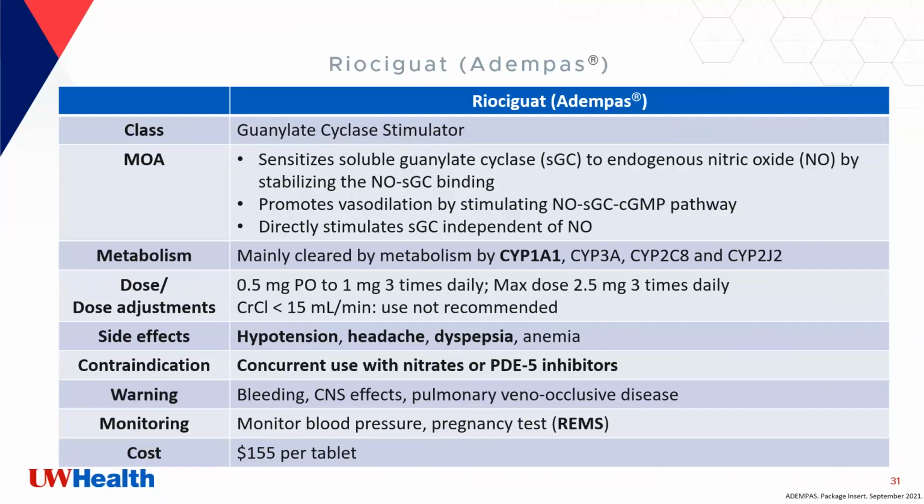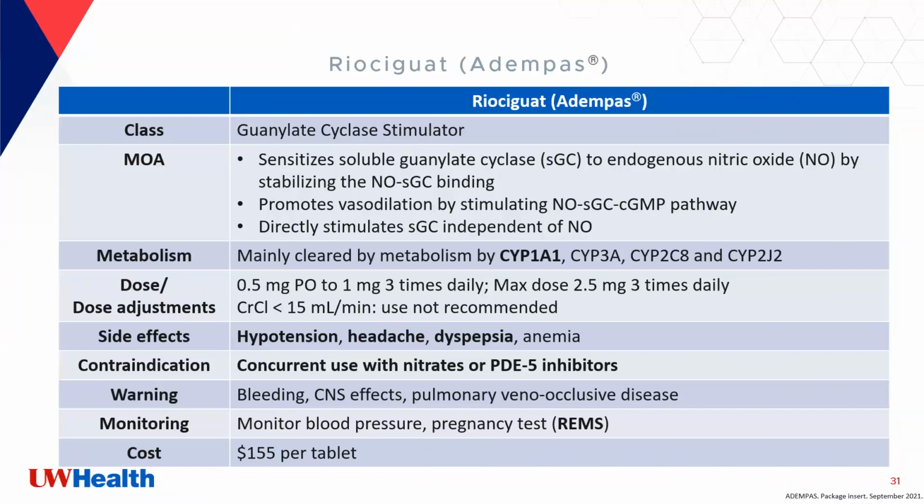It's important to understand this mechanism because any therapy that includes some type of nitric oxide or nitrates, as well as PDE5 inhibitors, which prevent the breakdown of cyclic GMP, will actually promote further vasodilation and may be lethal for patients.